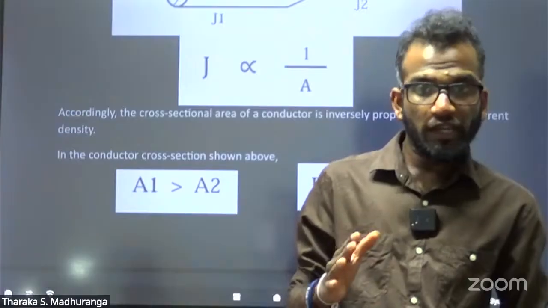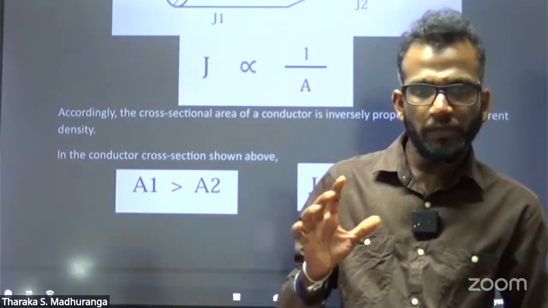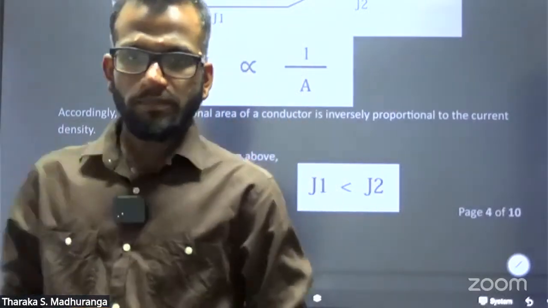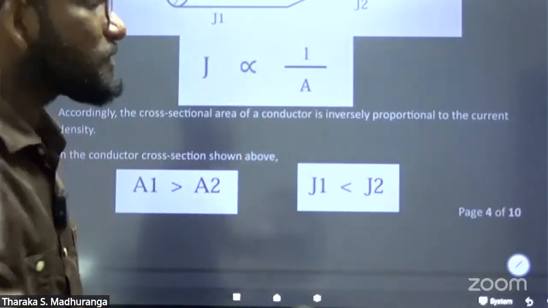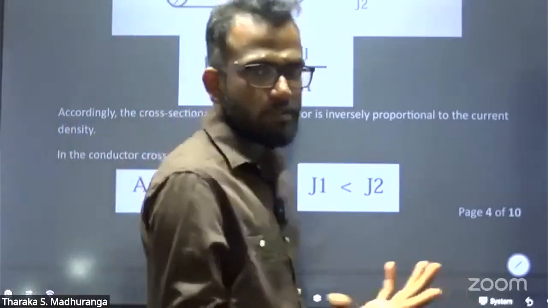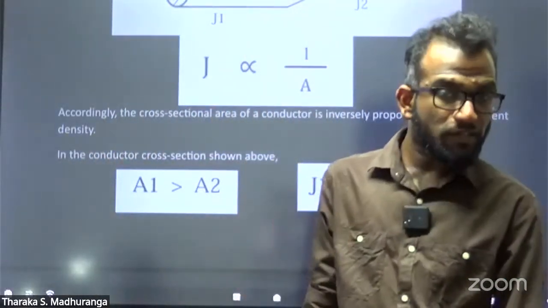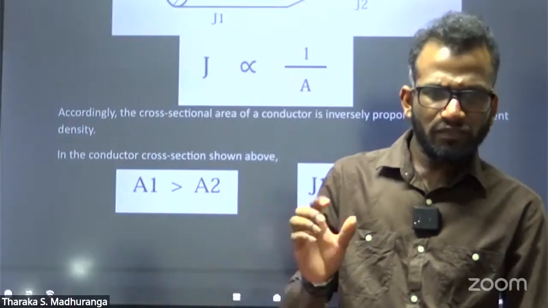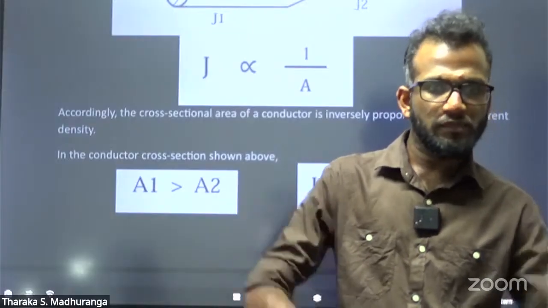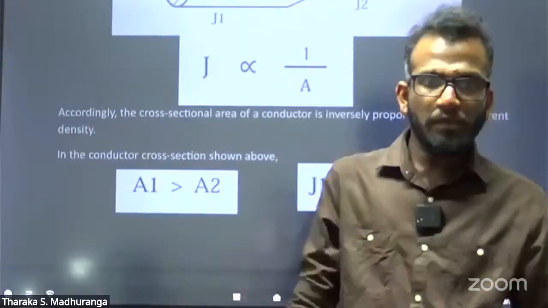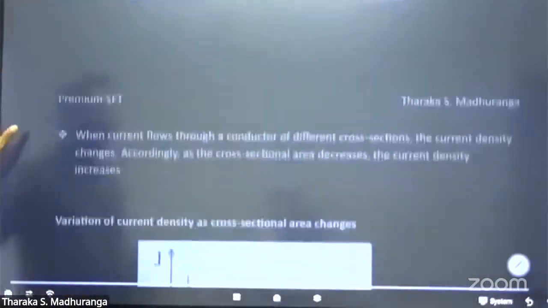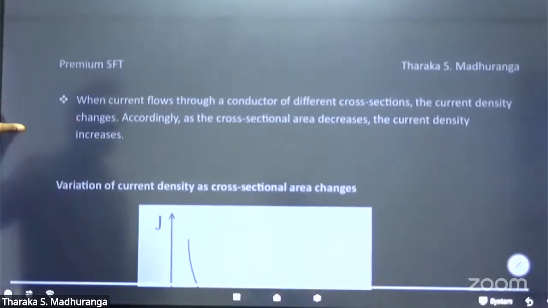Cross section area and diameter are very important. Otherwise, when we plug in to get current, it will burn after a small time. Therefore that is important.